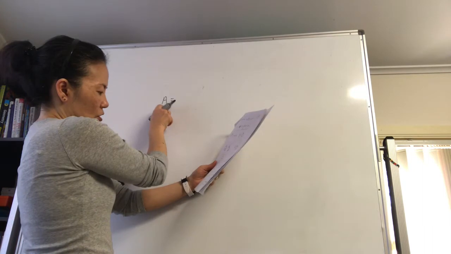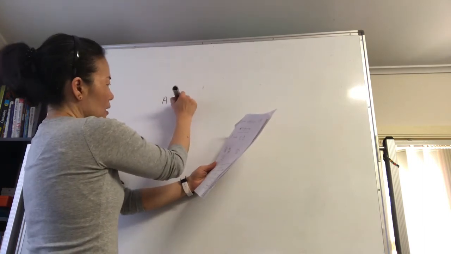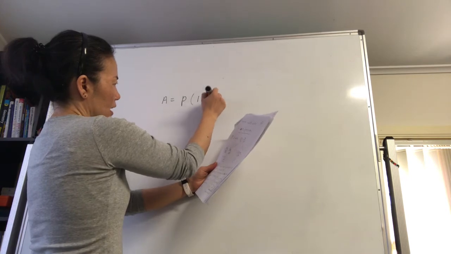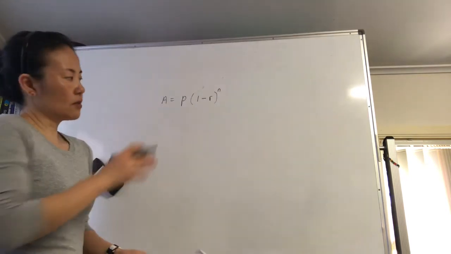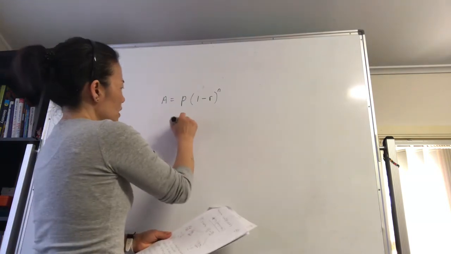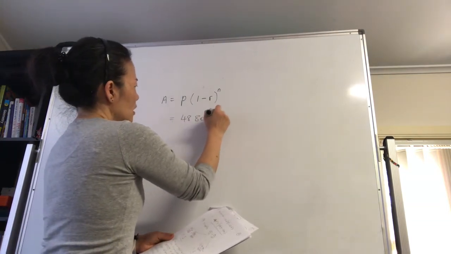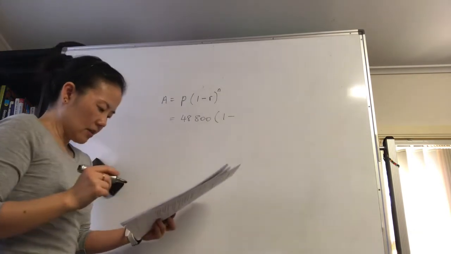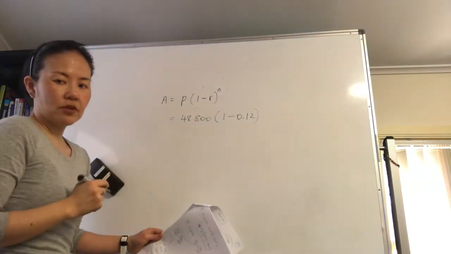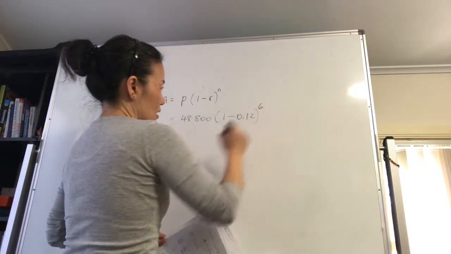So depreciation is P, principal, times 1 minus the rate, to the power of n. So P, principal, was 48,800. 1 minus, what's the rate? 12%. So that's in decimal, 0.12, and 6 years later.